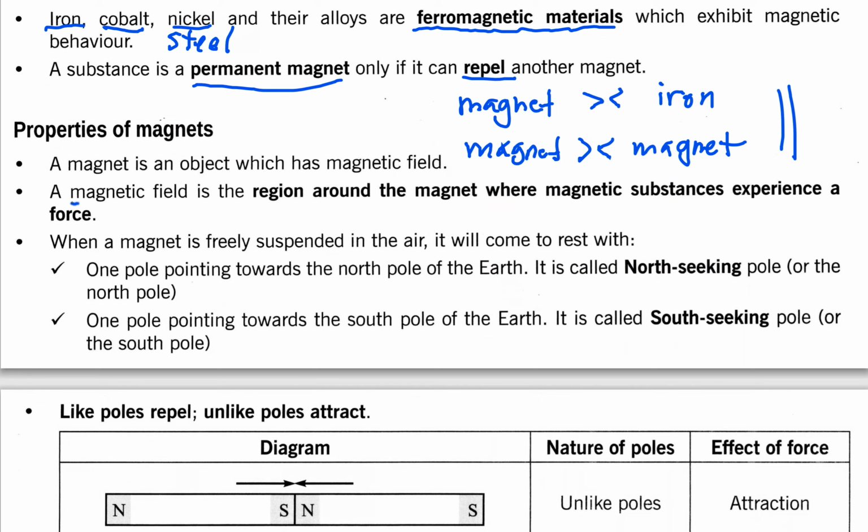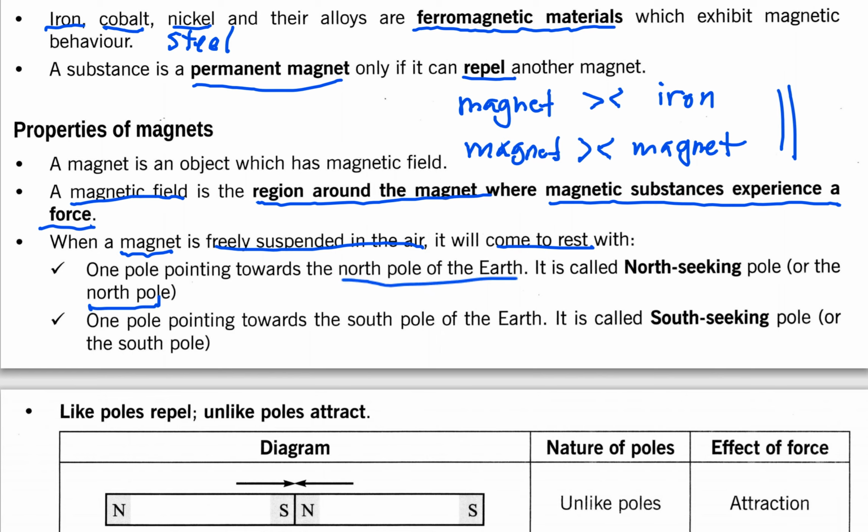Magnetic field is defined as the region around the magnet where magnetic substances experience a magnetic force. A magnet suspended freely in the air comes to rest with the North Pole pointing towards the North Pole of the Earth, and the South Pole pointing towards the South Pole of the Earth.